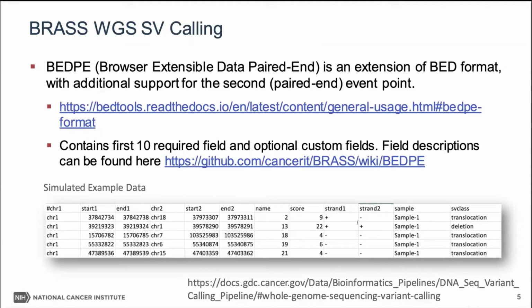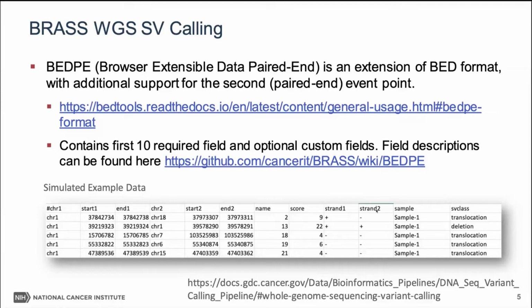As we know, for structural variants, we have a second endpoint. So in addition to the description of the first breakpoint, it describes a second breakpoint by providing the chromosome 2, start 2, end 2, and strand 2 information.